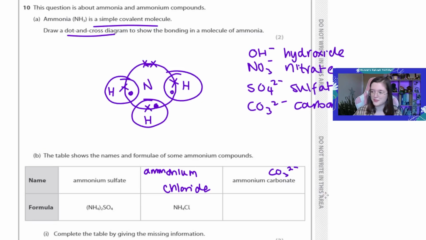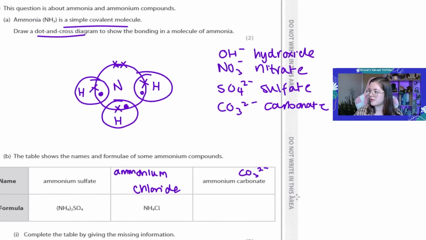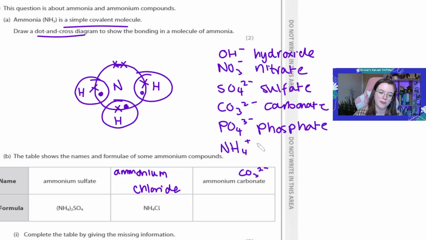Uh-oh, my face cam's in the way. There, we actually got there for now. And then we also have phosphate. We have all 3 minus. Not as common, but still quite handy to know. And then we have ammonium, which is the one that's positive that you have to learn. So ammonium is NH4 plus, which is kind of the titular ion in this question. Ammonium.